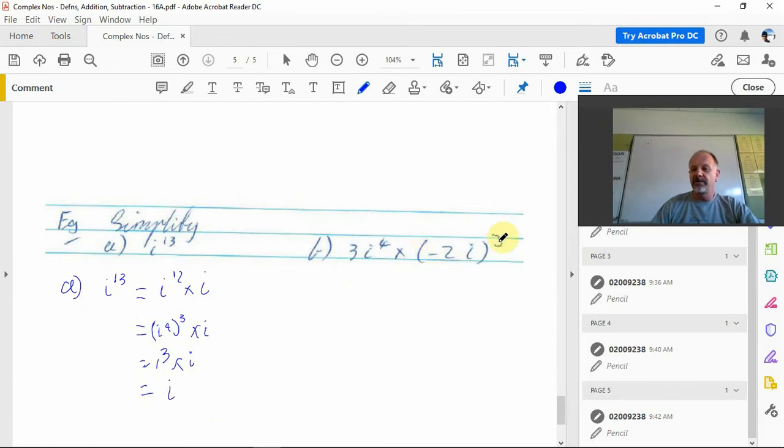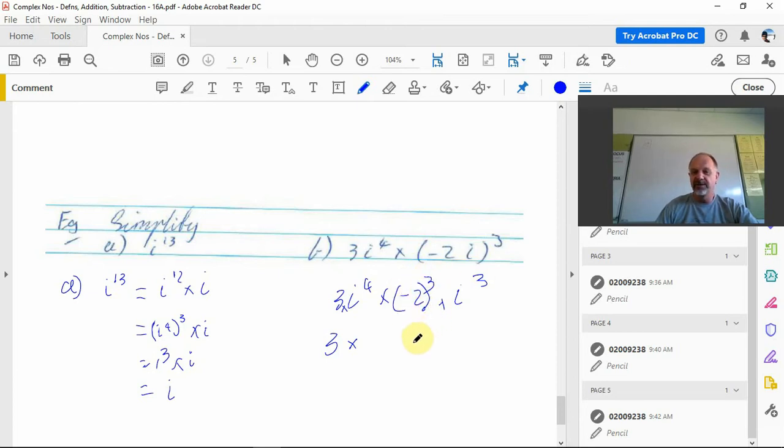This one here, we've got some stuff we need to do before we get into this. So what I need to do is cube all of that. So I've got 3 times i to the 4 times -2 cubed times i cubed. So we've got 3 there. You can remember that's times, and so is that, times (-2) to the 3.